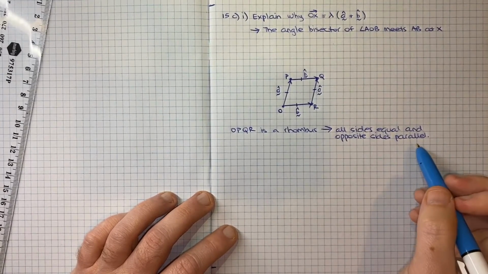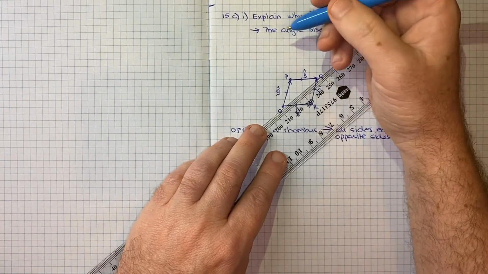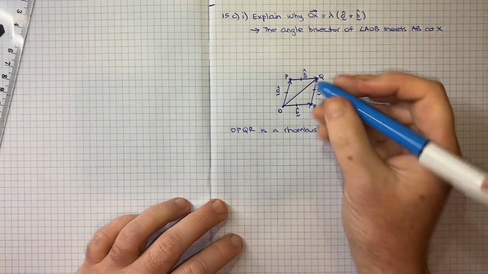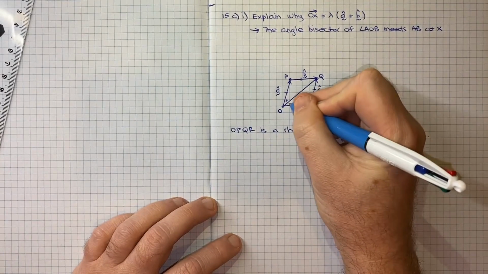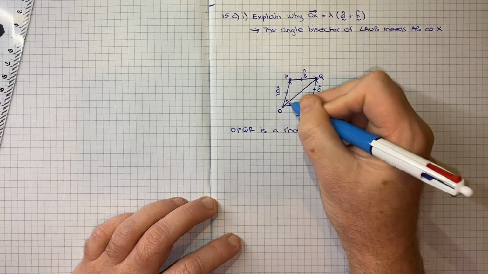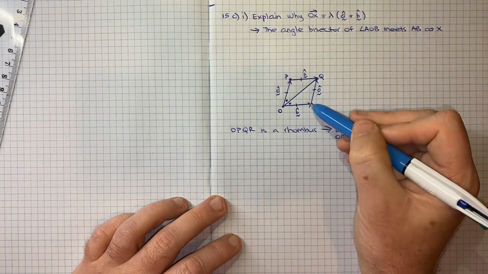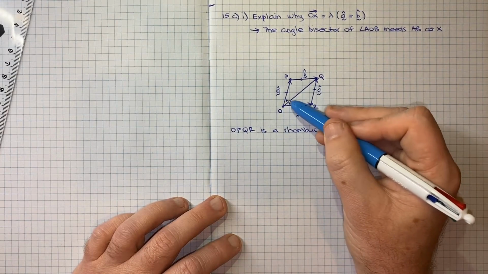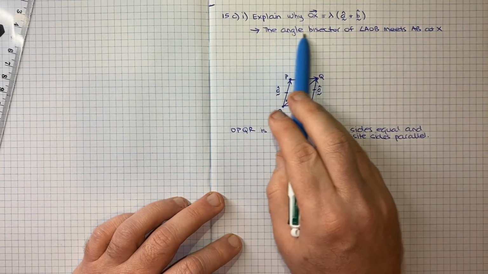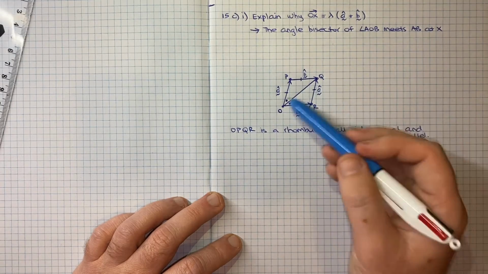Okay, now it's also worth noting that if I draw this diagonal from O to Q, that diagonal will bisect this angle. It actually bisects both angles, but in this question we're mainly concerned with this angle being bisected, angle POR, because that's going to link up very nicely with this statement I mentioned before, being the angle bisector of AOB meeting the line AB at X. We're going to see how that's all linked.